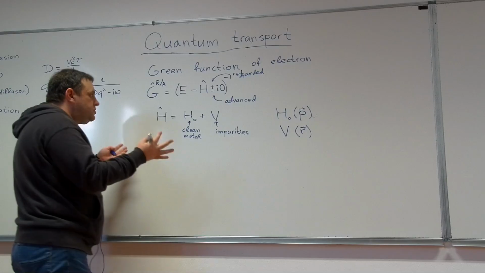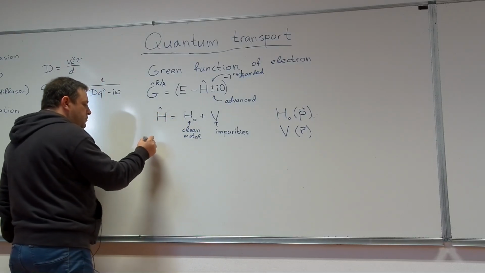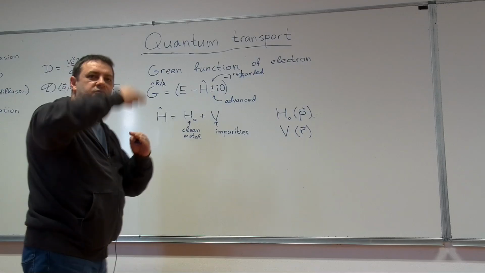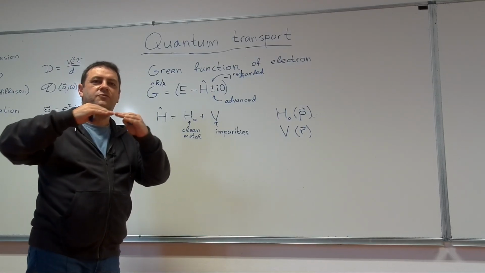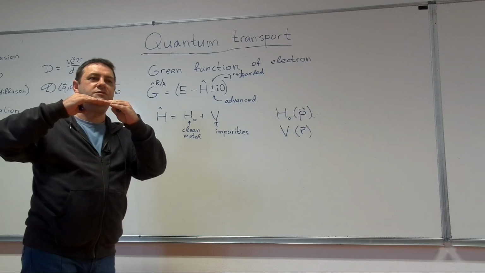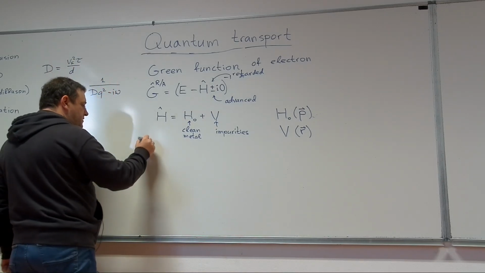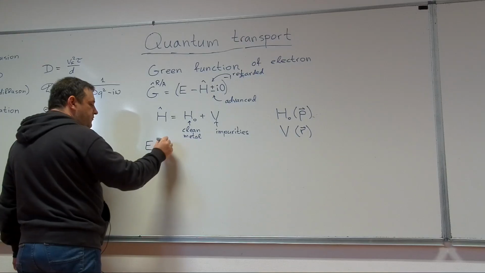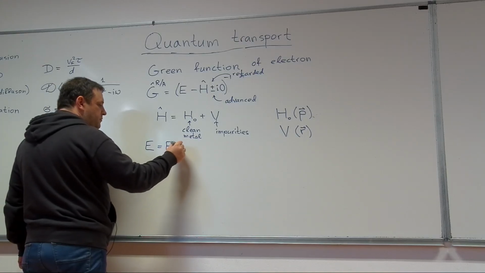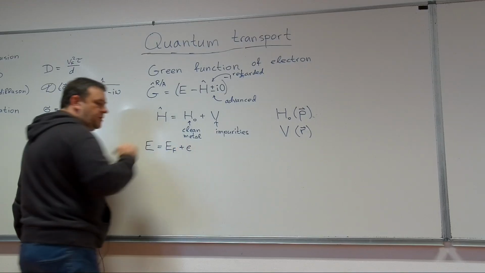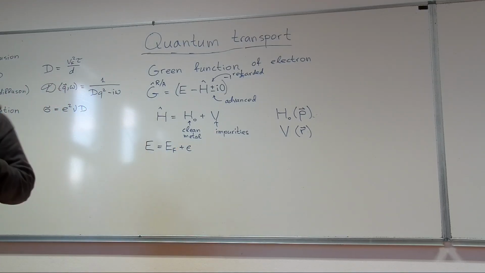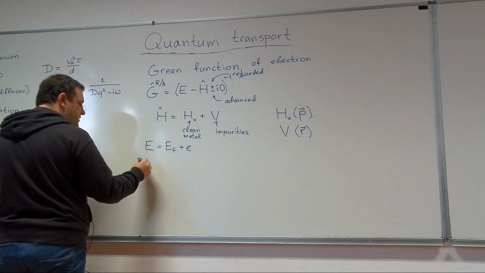So it is usually easier to count energy relative to the Fermi level. Fermi level will be zero energy. So we will say that energy is the Fermi energy plus epsilon, plus some deviation from it. And for the Hamiltonian, we will do the same.